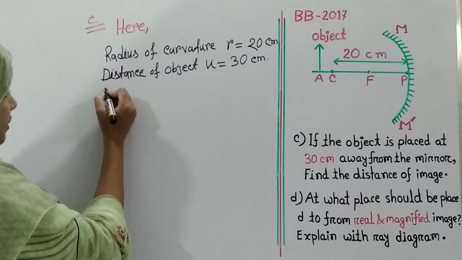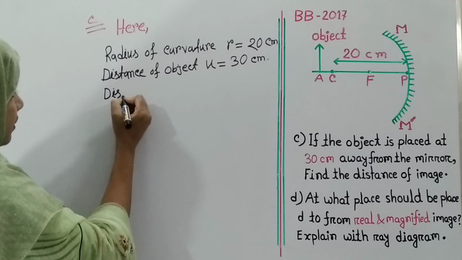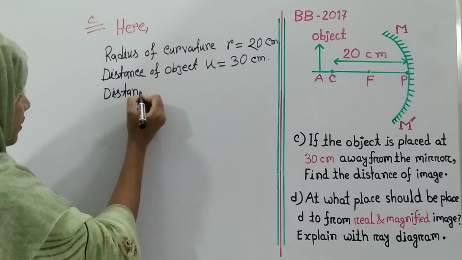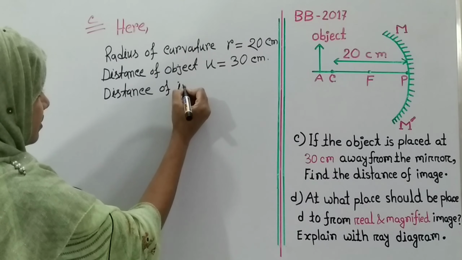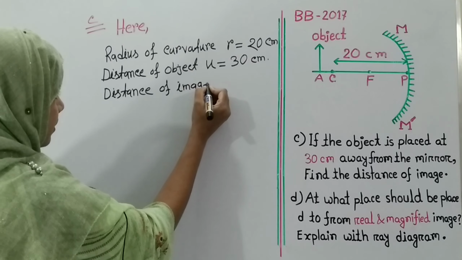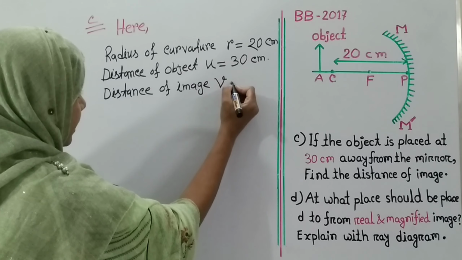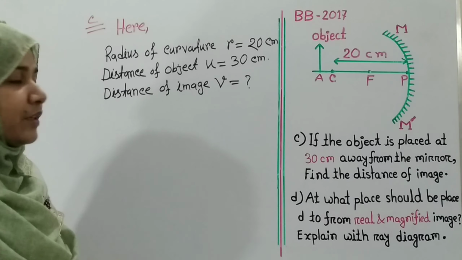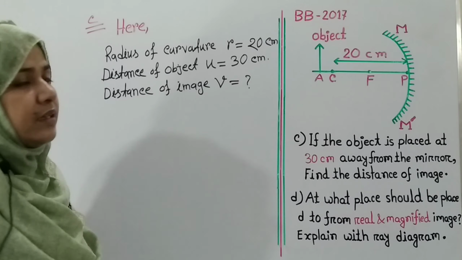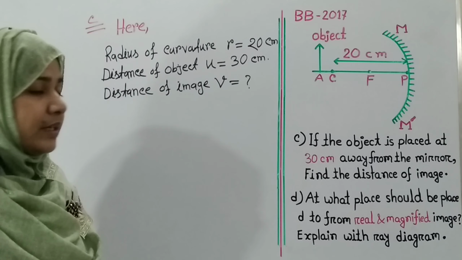Distance of image, that means V equals what? Here you can see that the radius of curvature is given, R equals 20 centimeter.